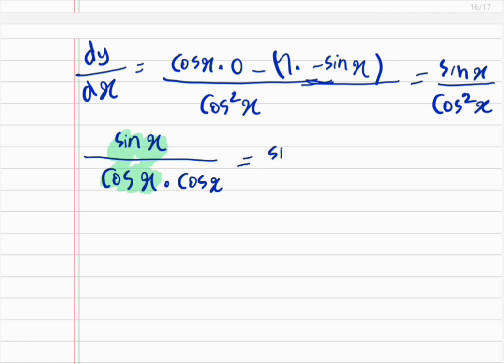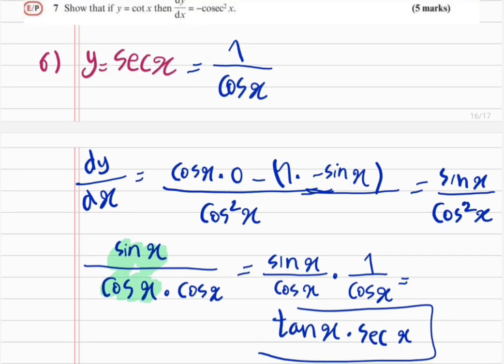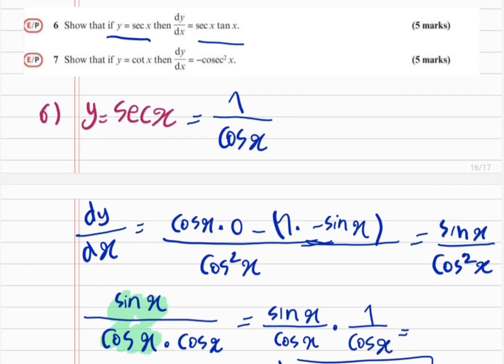So if we split the fraction into two fractions, sine x over cos x times 1 over cos x, sine x over cos x is just tan x, and 1 over cos x is sec x. And this is exactly what the question is asking.